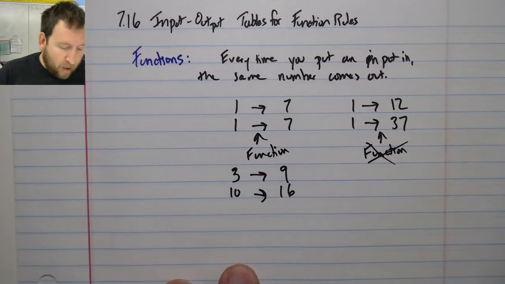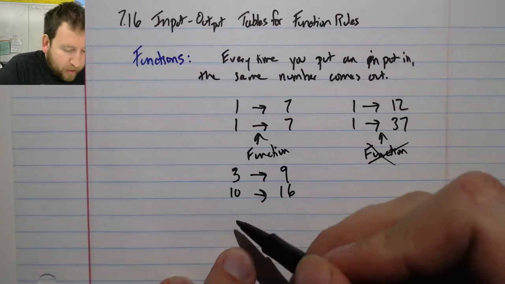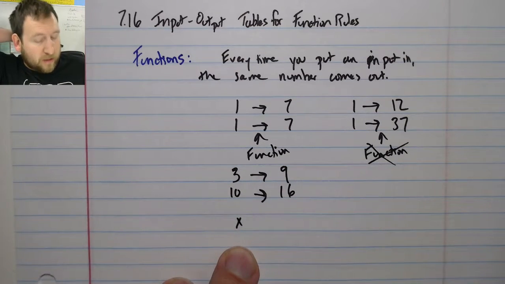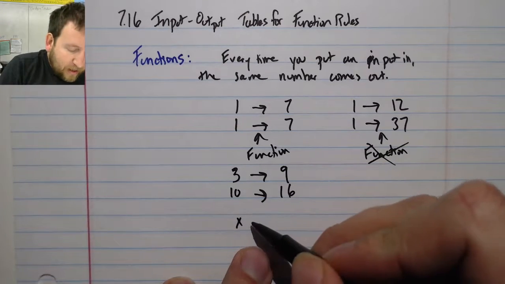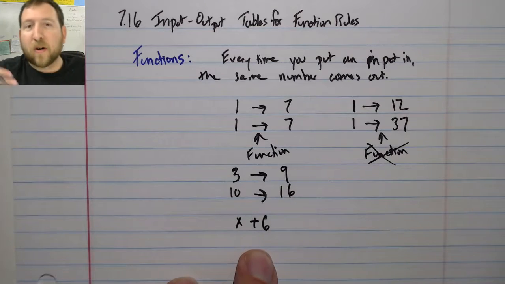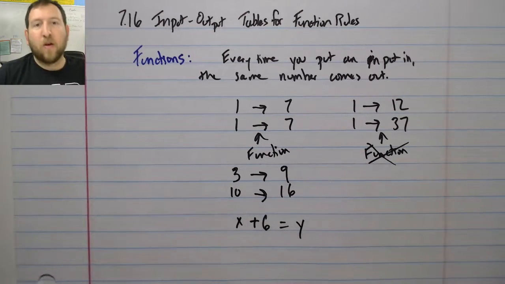We can say that whatever number I put in, sometimes I can just put x, because that's our variable that represents this. I can say it's going to be plus 6, and that's going to be whatever comes out, equals, we sometimes say y.